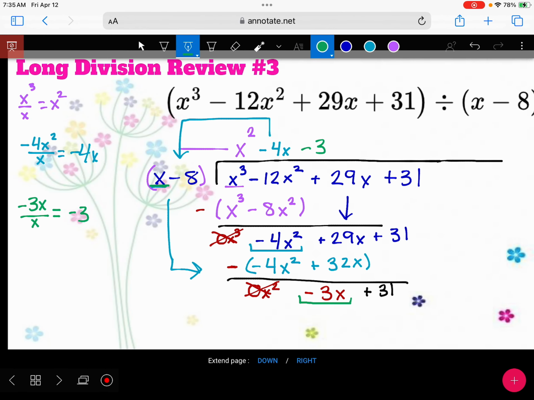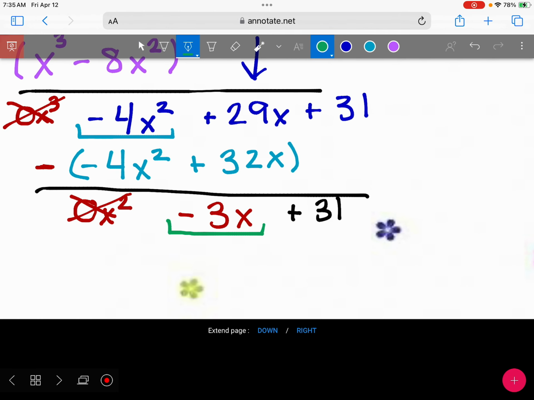So just like the last two rounds, I'm going to take this negative 3 times my whole term over here and put it way underneath. So negative 3 times x gives me negative 3x, and negative 3 times negative 8 gives me 24.